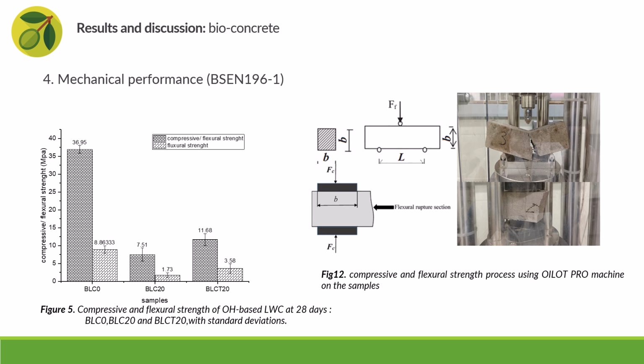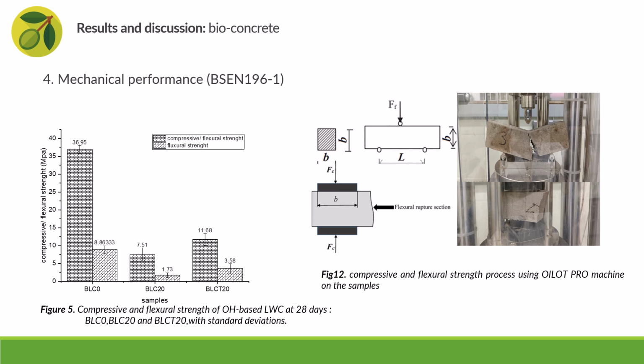But when doped with 20% untreated husk, the compressive strength dropped significantly to about 7.5 megapascal and flexural strength to 1.7 megapascal. This pronounced reduction is mainly due to the high porosity and the presence of oil residues, which weakens the adhesion at the aggregate matrix interface.